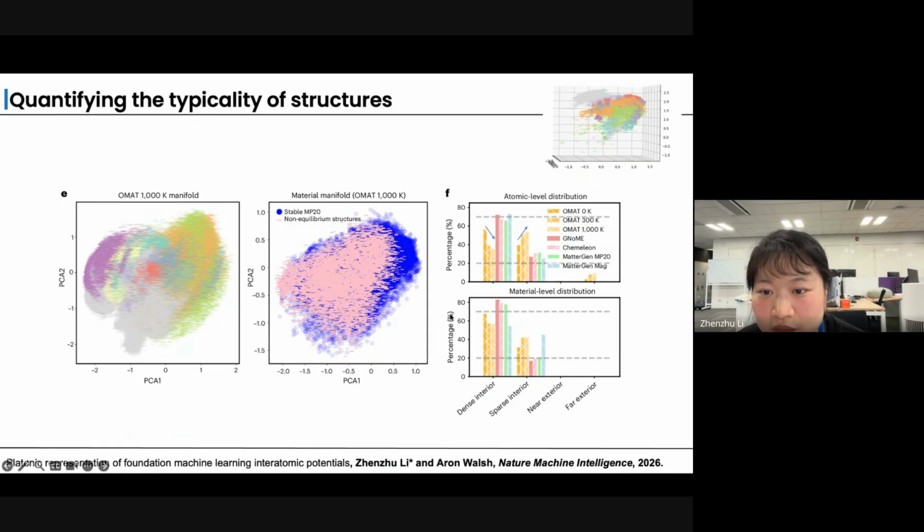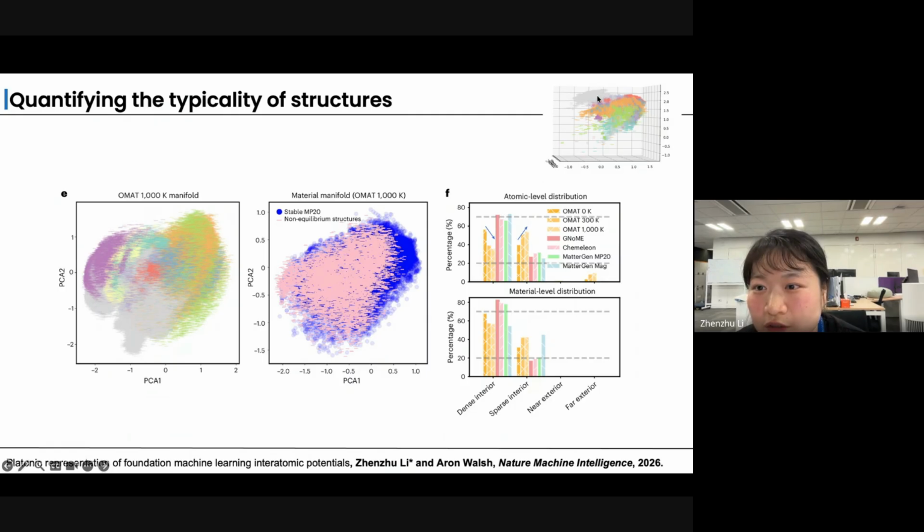So we thought about one way, called the manifold distance based metric, to check if the structure is novel or not. How it works can be thought of like this. This is the 3D visualization of the latent space from another angle, which is actually similar to this one.